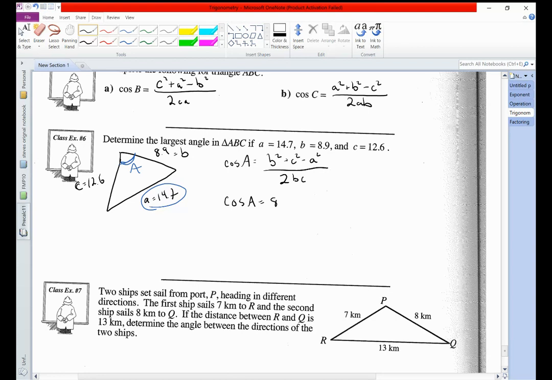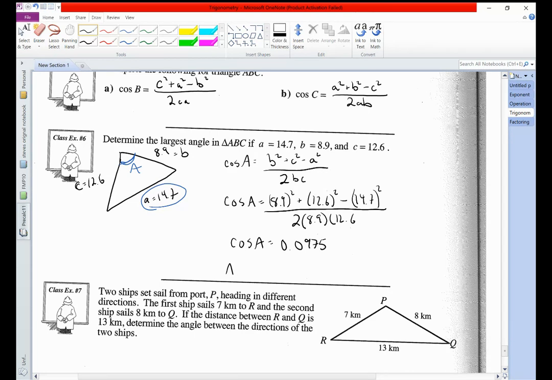B squared is 8.9 squared plus 12.6 squared minus 14.7 squared, all divided by 2 multiplied by B multiplied by C. And if we type that into our calculator, we get 0.0975.